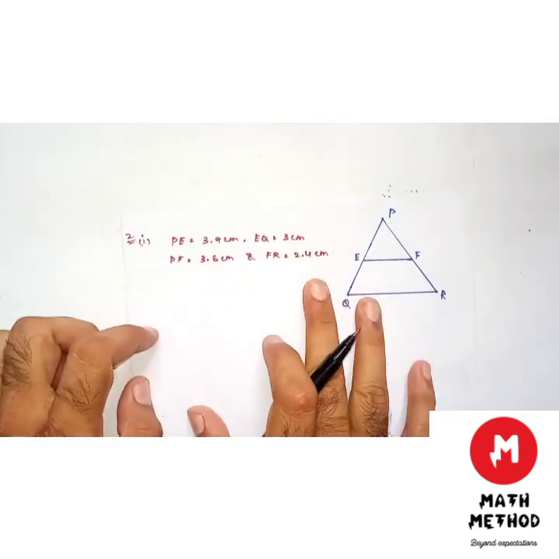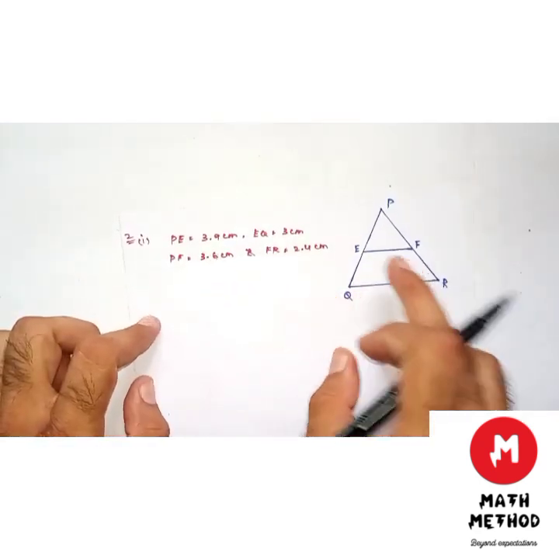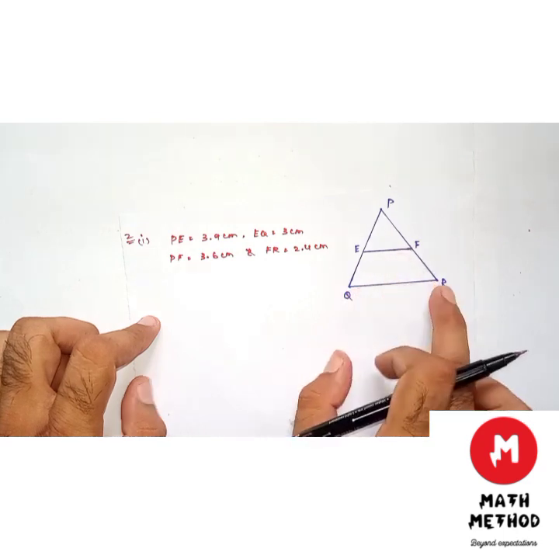This is our given data. Now we have to find out whether EF is parallel to QR.